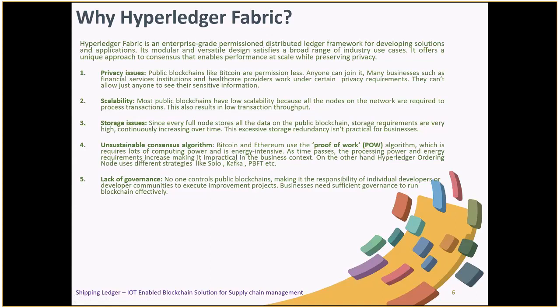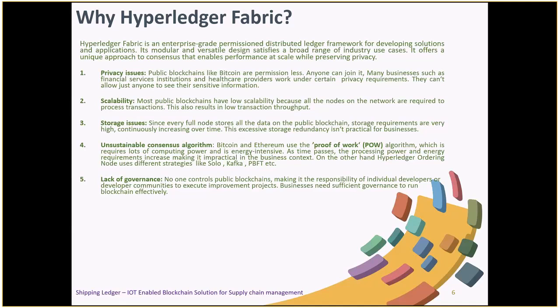There are some points over here, like the privacy issue. Public blockchains like Bitcoin are permissionless. Anyone can join them. Many businesses, such as financial services institutions and healthcare providers, work under certain privacy requirements.